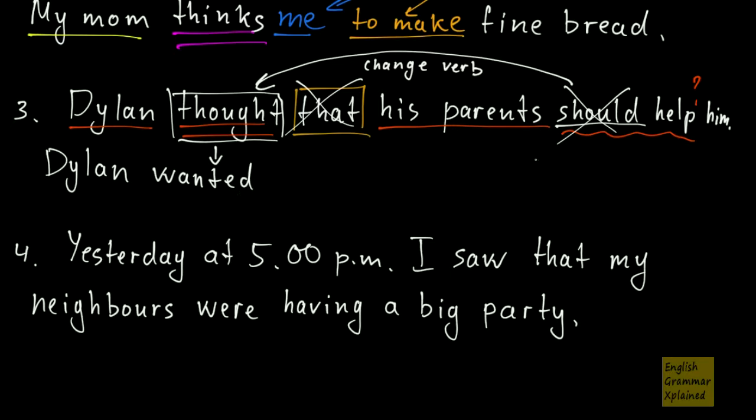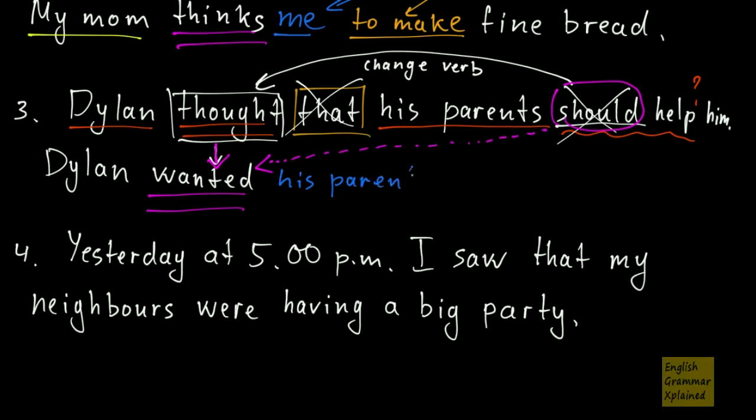In this way, I express my should and I express my thought. Wanted. That's my main verb. So my should doesn't disappear entirely. It in some way influences my main verb. I put my first object, his parents, without any changes, and then I put my infinitive. It will be full infinitive because in complex objects, as a rule, infinitive is full.